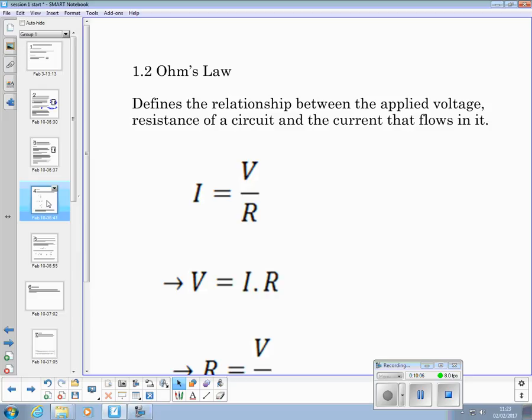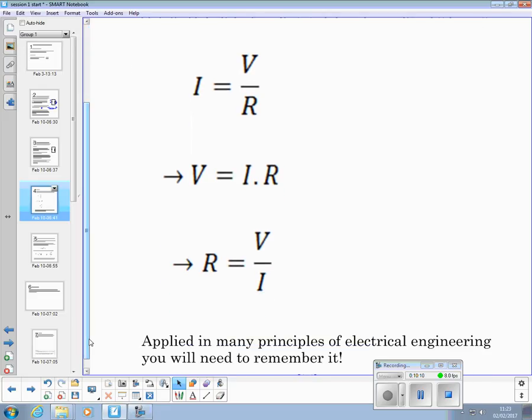The idea of this is we can rearrange it into the voltage in the circuit is equal to the current times the resistance, or we could rearrange it into the form of the resistance is equal to the voltage divided by current. So by a rearrangement we can use Ohm's law. If we know any two of I, V and R, we can find the third one.